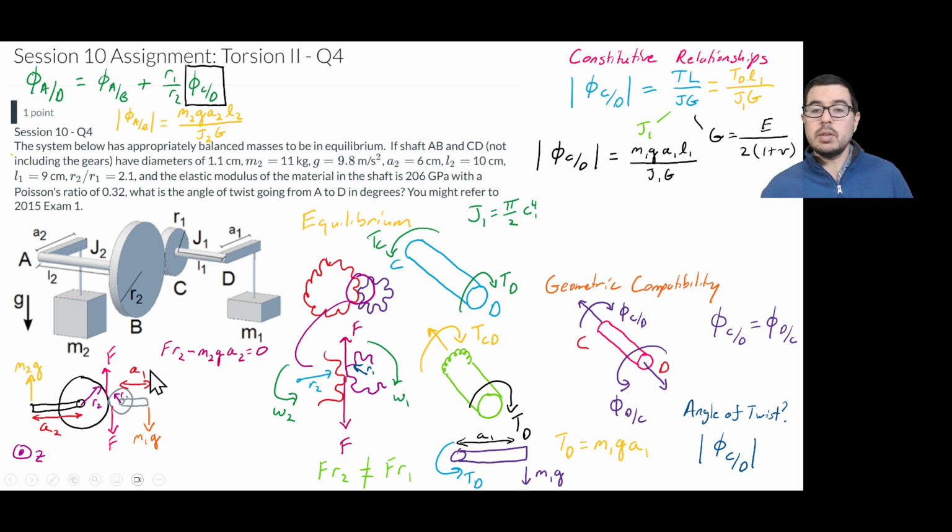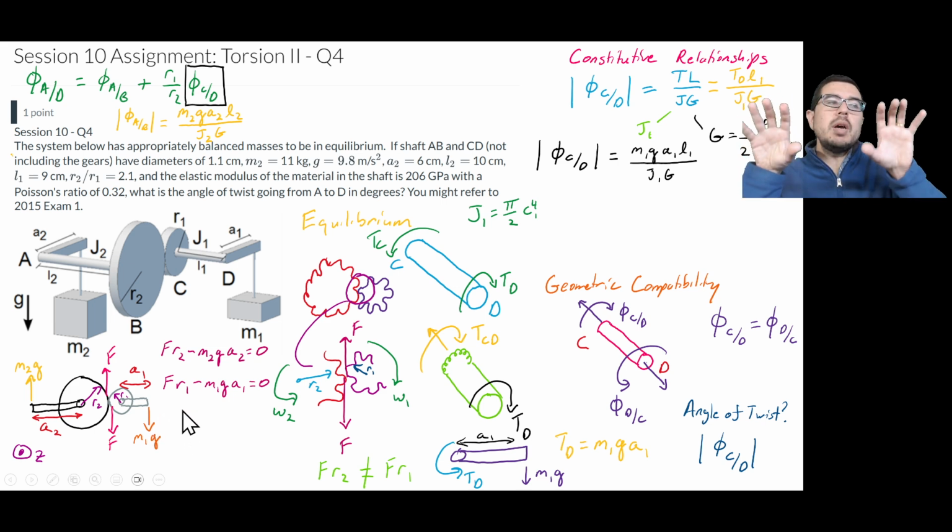That's going to be FR2 minus M2GA2. FR2 would be in the counterclockwise direction, which is positive. And if we do equilibrium about this point for the smaller gear, we have FR1 is positive, and minus M1GA1, which is negative.